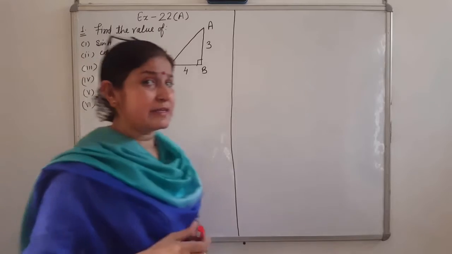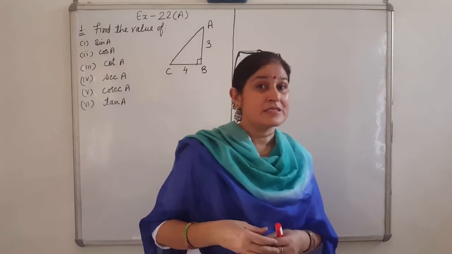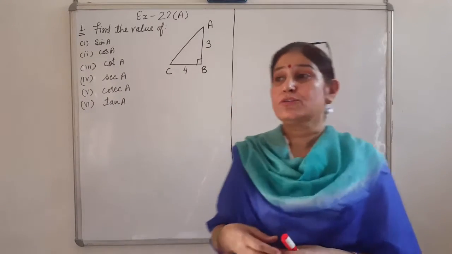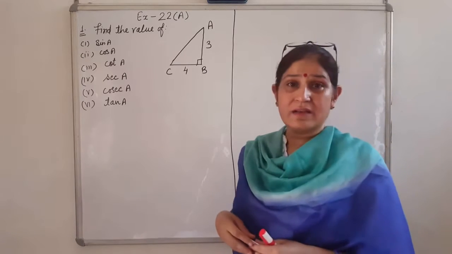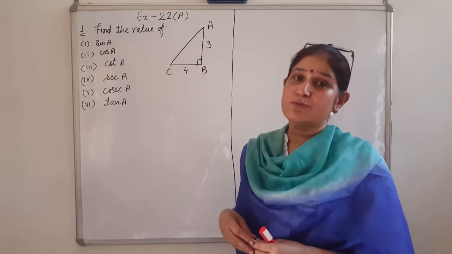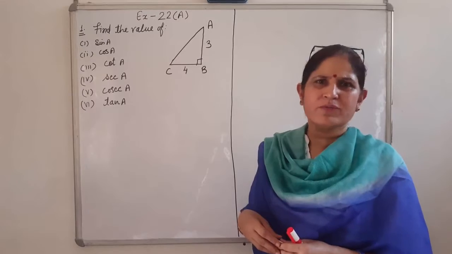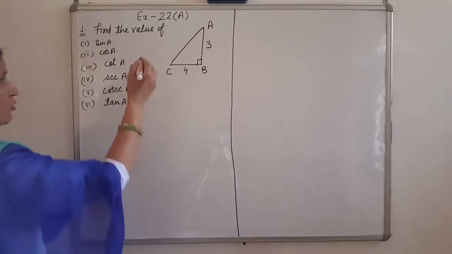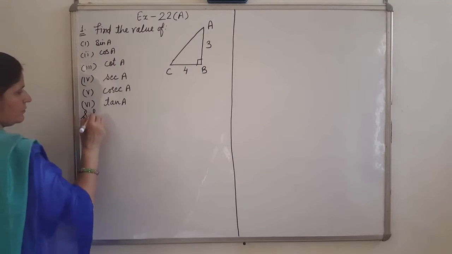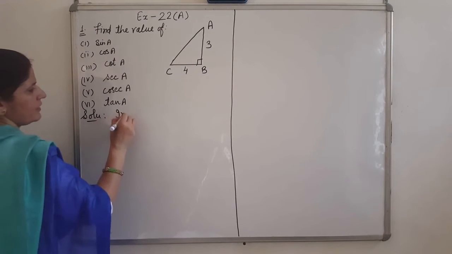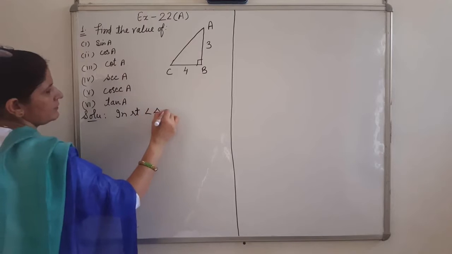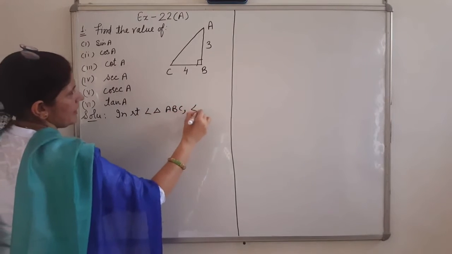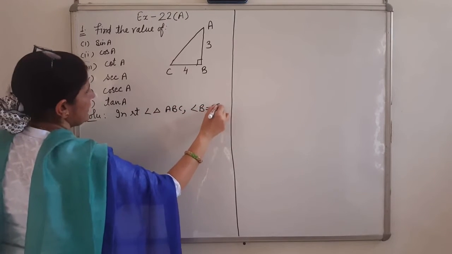How to calculate the length of the third side? Yes, we will do it by the Pythagoras theorem. Because in a right angle triangle, if any side is missing, to find the length, which theorem do we have to use? We have to go with the Pythagoras theorem. So in right angle triangle ABC, angle B is equal to 90.